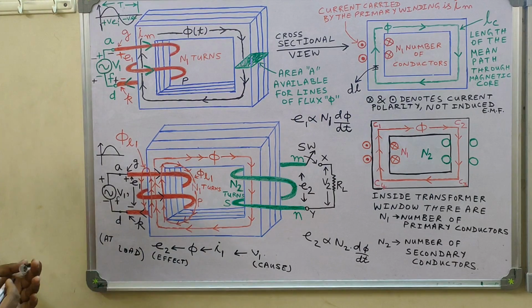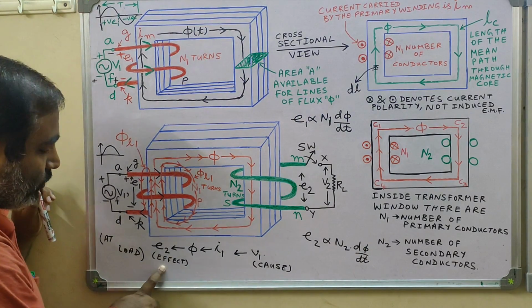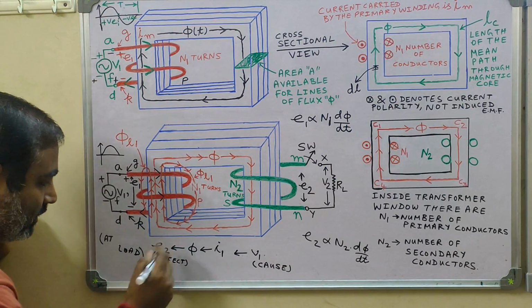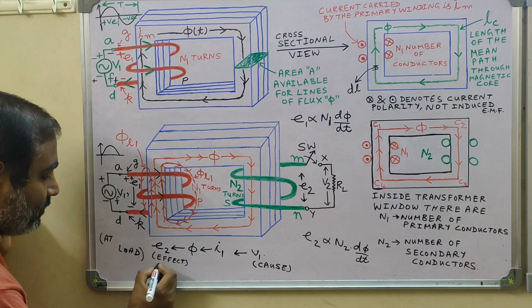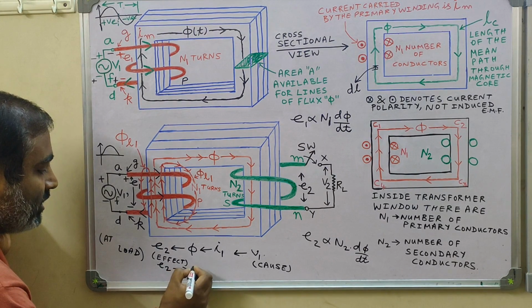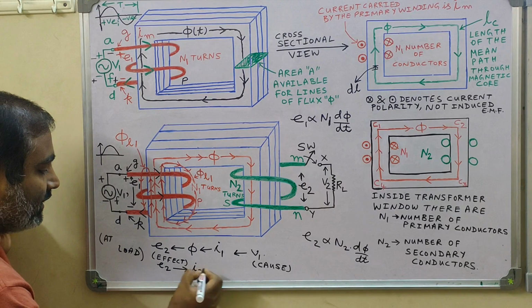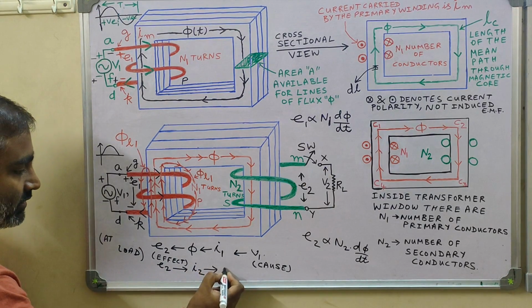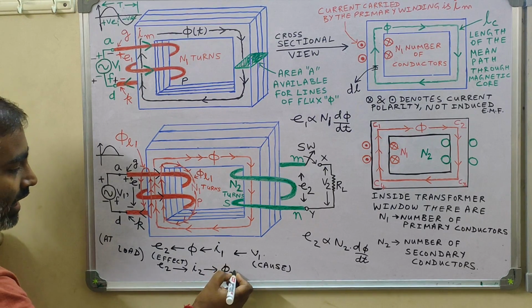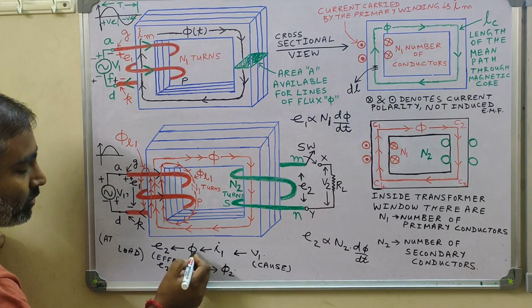So what we are going to write is that E2 is induced because of the mutual flux φ. But we should again write in a different way over here: E2 will give rise to a current flow I2. This I2 will give rise to a flux φ2, and this φ2 should oppose the mutual flux φ.